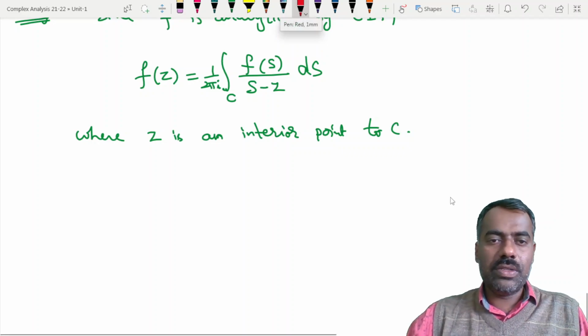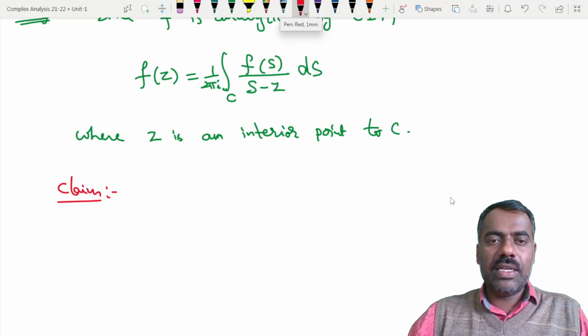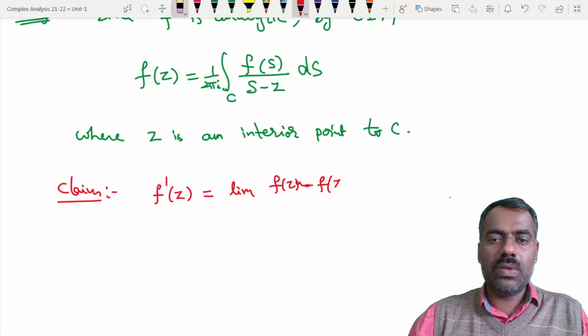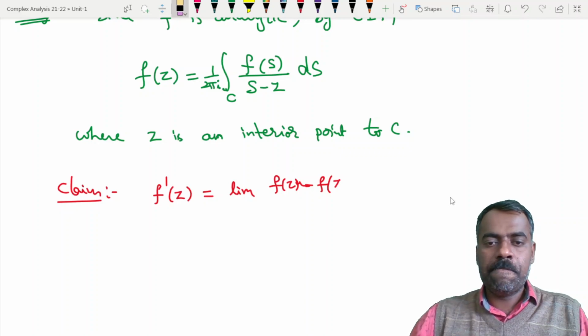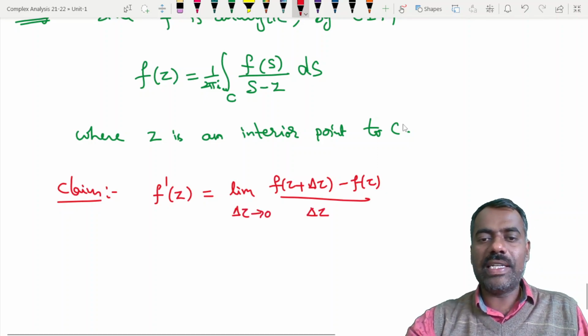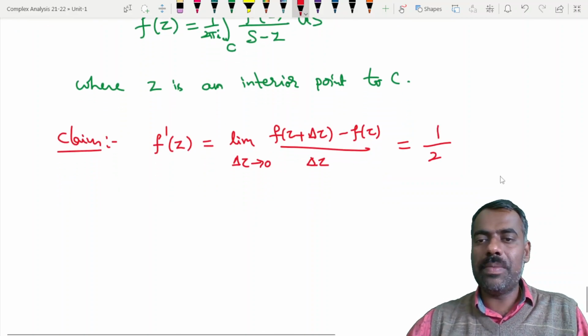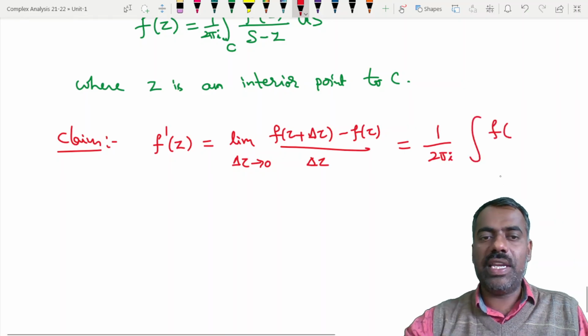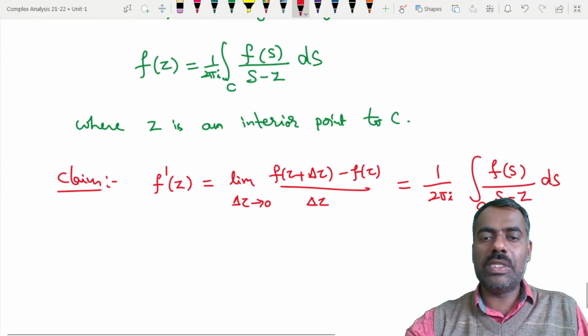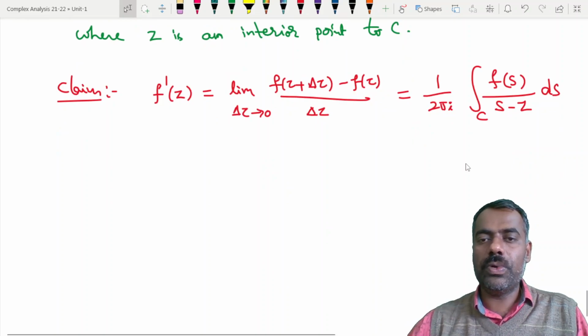Our claim: we want that f dash of z, which is nothing but the limit of f of z plus delta z minus f of z over delta z, as delta z tends to 0, is equal to the integral, which is 1 by 2 pi i times f of s by s minus z squared. So we'll try to find the difference between these two, and as delta z tends to 0, we want to show that the limit of this one is equal to that. That is the idea.